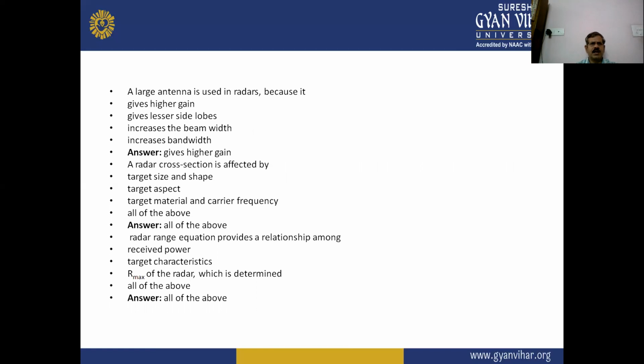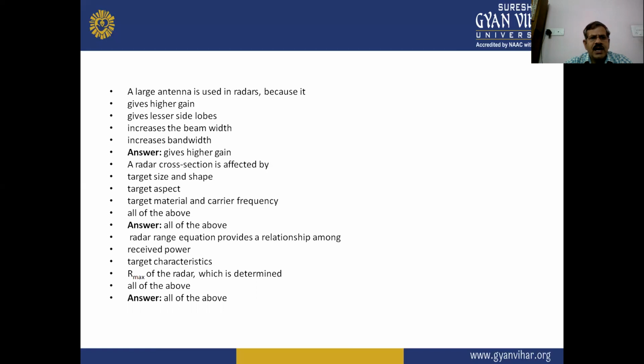Next question: a large antenna is used in radar because it, option A, gives higher gain, B, gives lesser side lobes, C, increases the beam width, D, increases bandwidth.